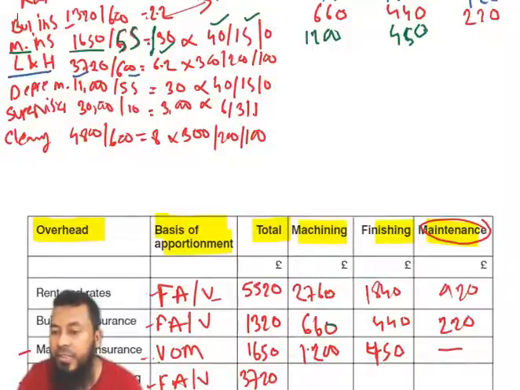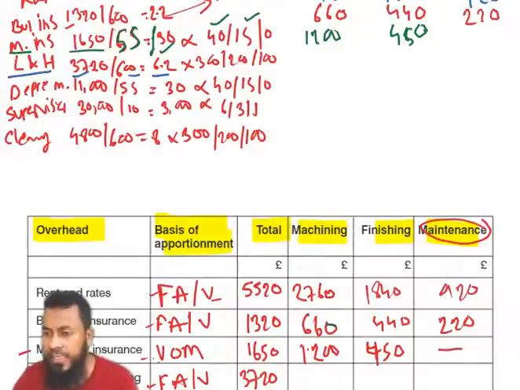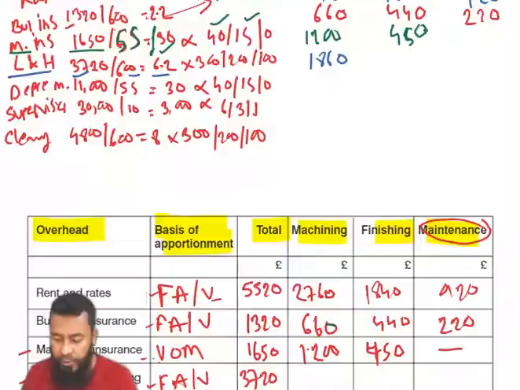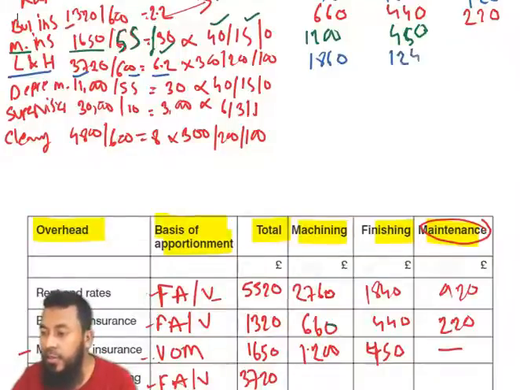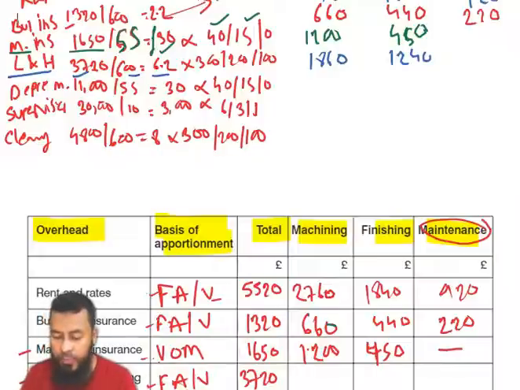3720 divided by 600, which gives you 6.2. Now 6.2 multiplied by 300 for machining gives you 1860. And 6.2 times 200 gives you 1240. And 6.2 times 100, 620.